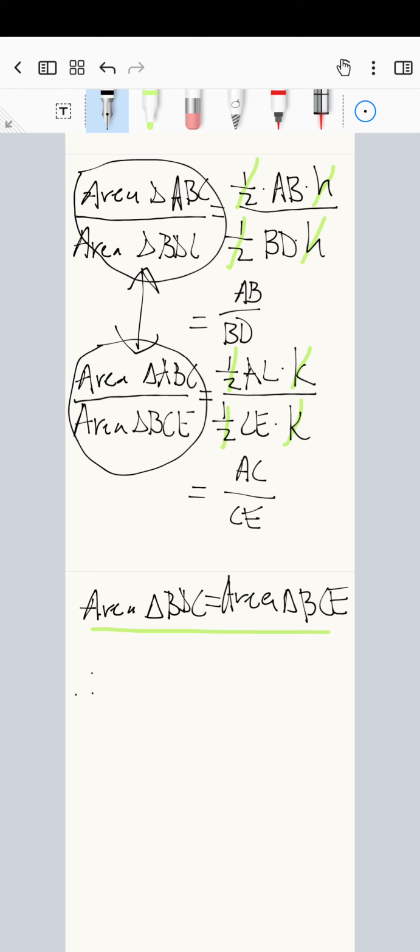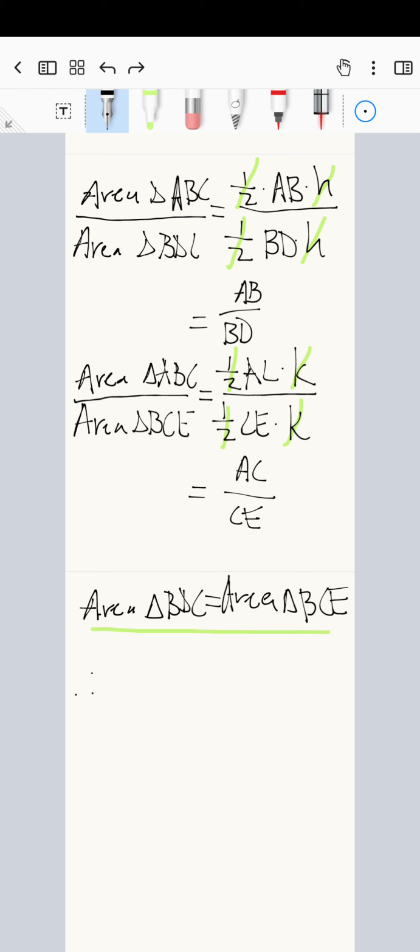Okay, so we're going to say therefore the area of triangle ABC, let me just rewrite this.